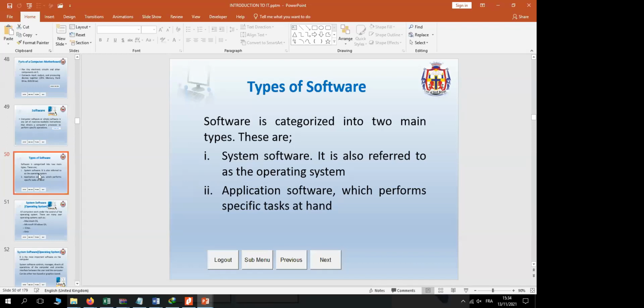Then Joshua's example he has mentioned. Remember, I've just said that system software is the operating system, meaning I can call it either the operating system or system software. Now I'm asking for examples of operating systems. Yes, Nebi has talked about Android. It is an operating system. Very good.